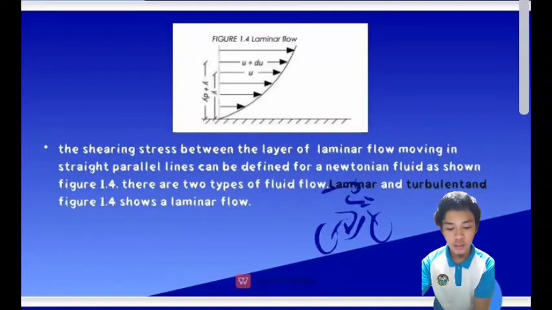Ang unit rin na ginamit is N·s over meter squared. Moreover, yung du, siya yung unit velocity, tapos ang unit niya is meter per second. Another one is yung dy, siya naman yung distance between layers, kaya meter ang kanyang unit.